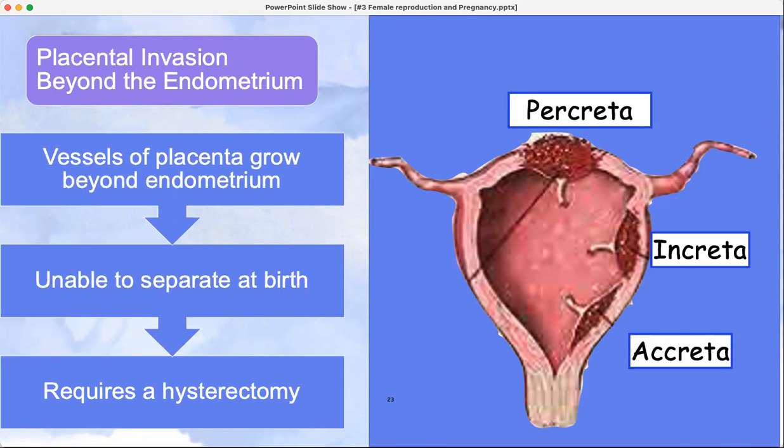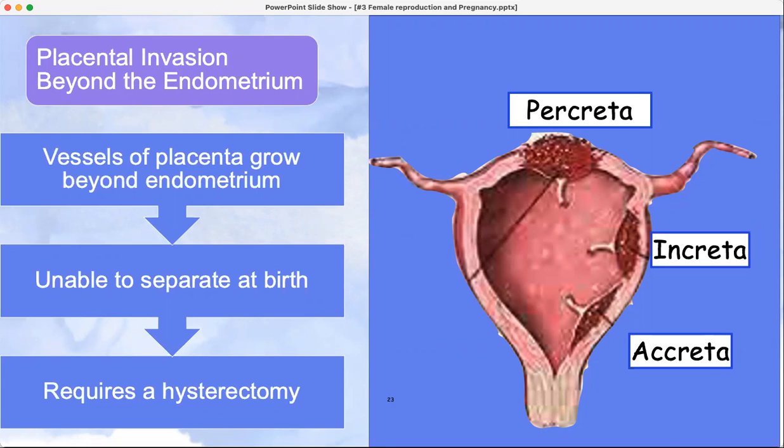So the placental abnormalities, invasion, can be of like 3 varieties. So accreta is when it's getting into the wall, like the myometrium or the muscle layer of the uterus. And then increta is further, and percreta is all the way through.